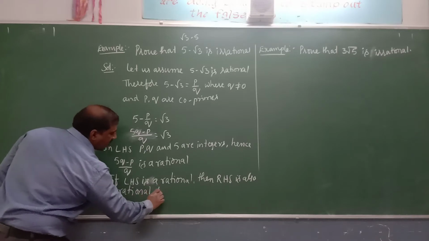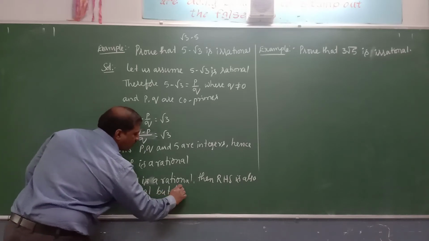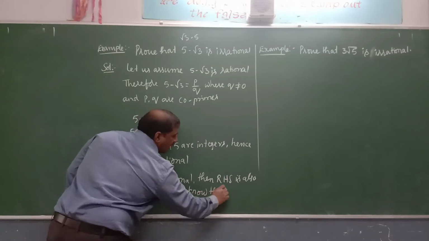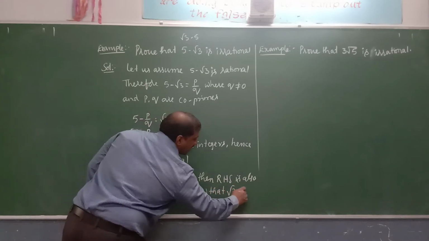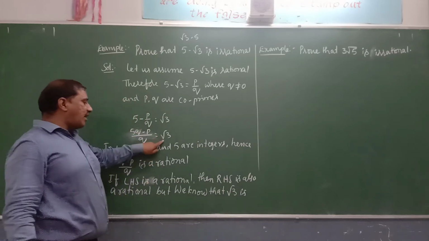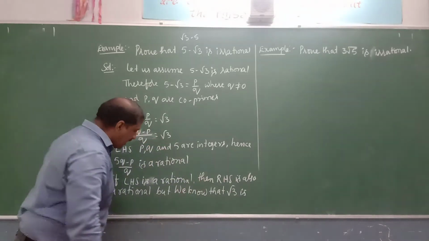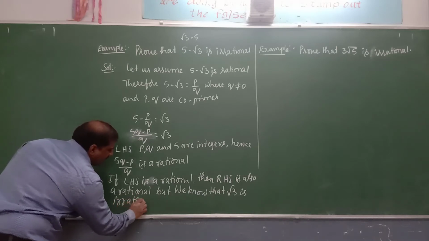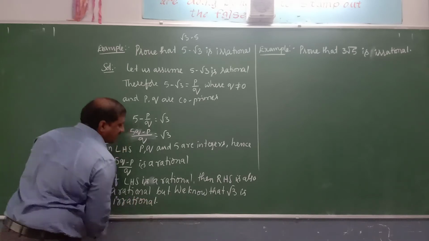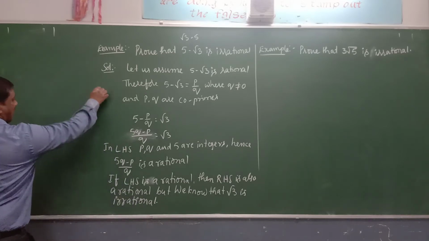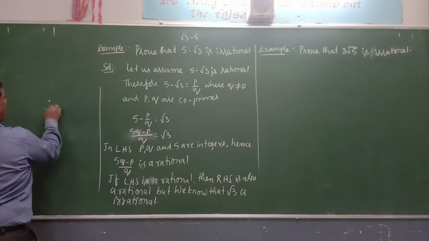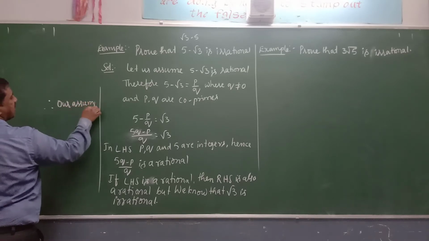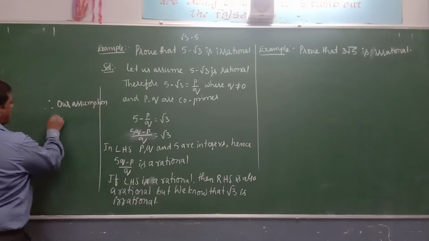But we know that root 3 is irrational. Therefore our assumption is wrong.